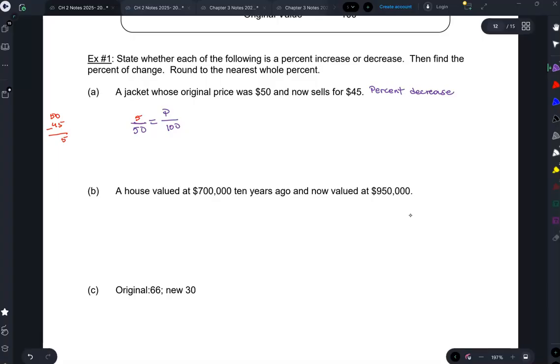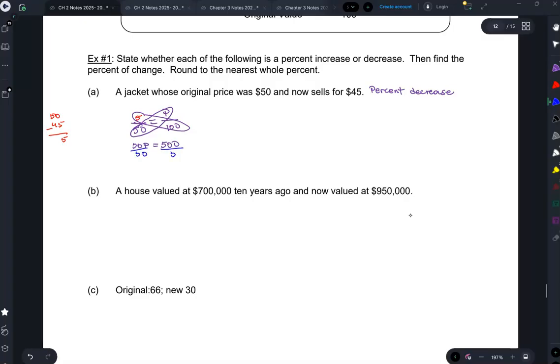So now, let's cross multiply because it's a proportion. 50P equals 500. Now, divide by 50.